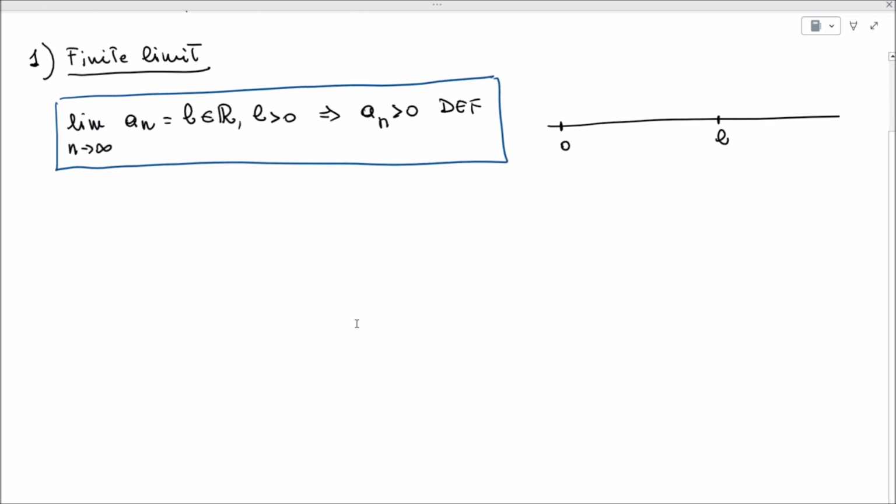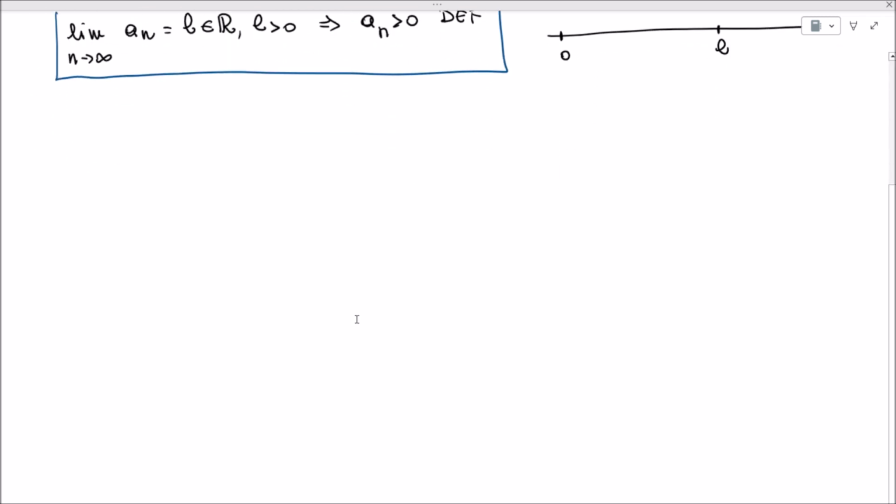There is also a second statement of the theorem which is valid in the case of infinite limit, and the statement is the following.